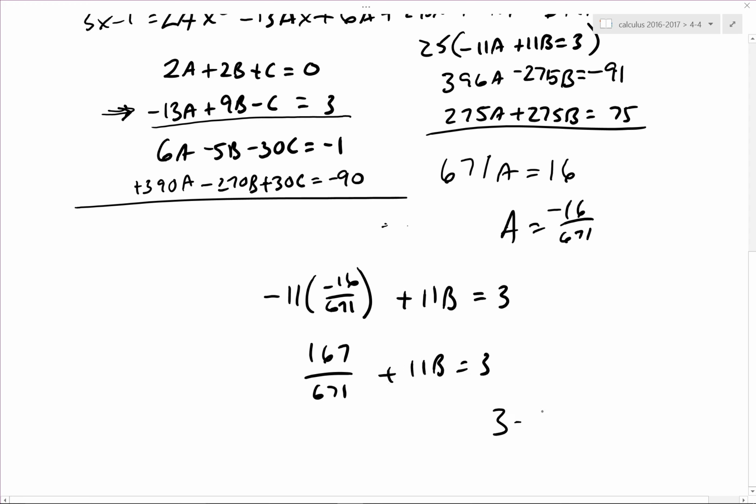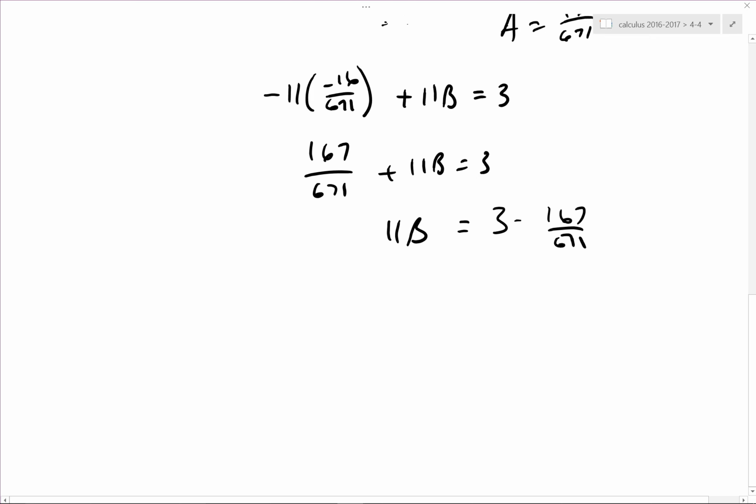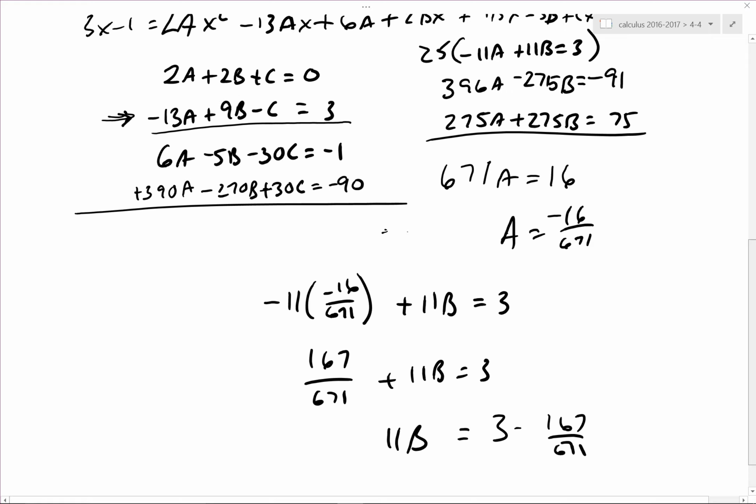So do 3 minus 167 over 671. It's 11B. What did you get? 0.75. Divide that by 11. 0.25. It's close enough for government work, I guess. So there's my A and my B.